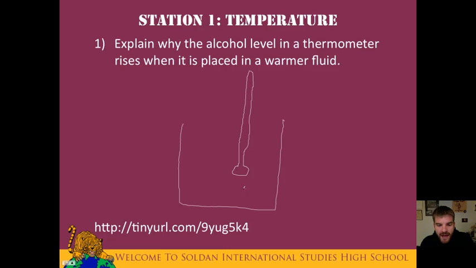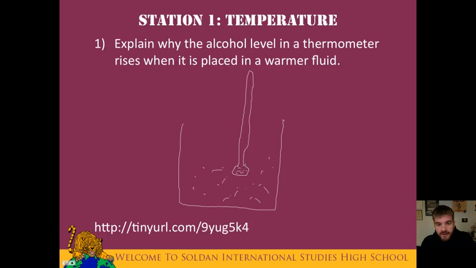And so because of that, as particles of this liquid are moving fast, now they're moving fast because it's a warmer fluid, then they bump up against the bulb here of the thermometer. And so then the energy of these particles is transferred into the alcohol of the thermometer, and therefore the particles of the alcohol also start moving faster.